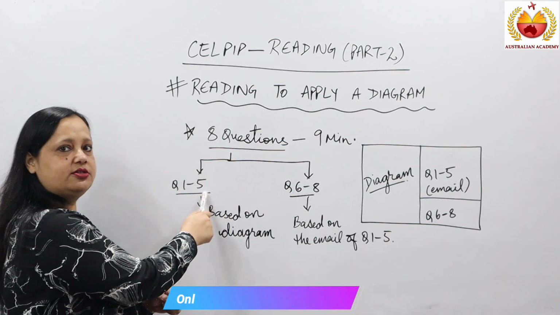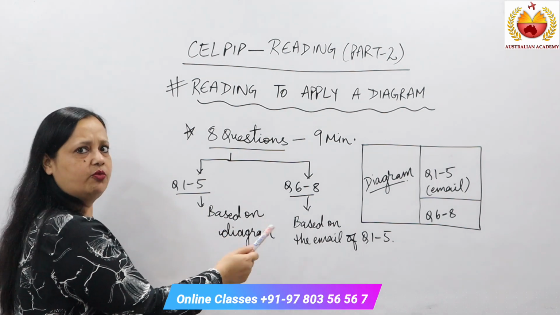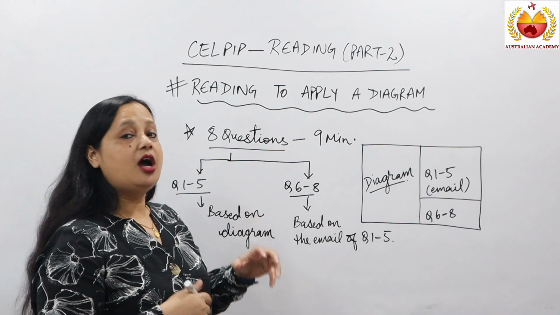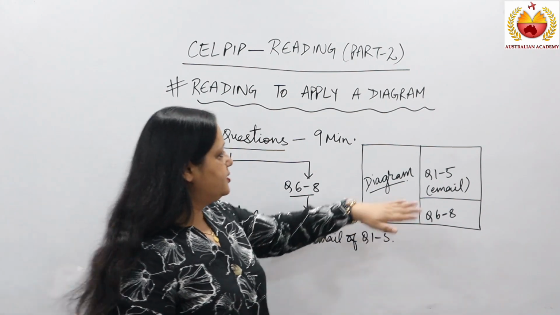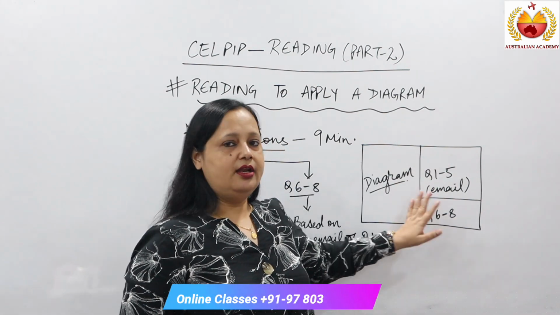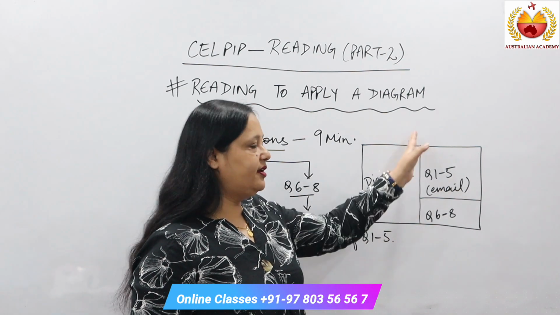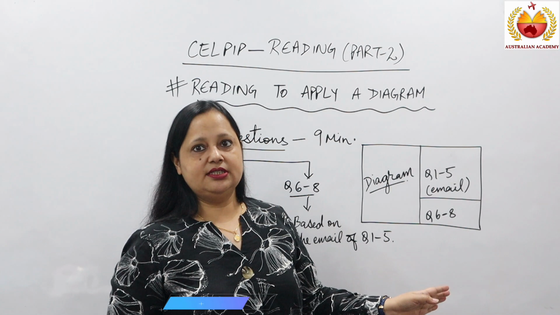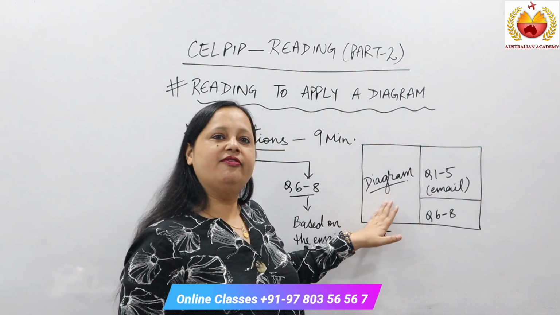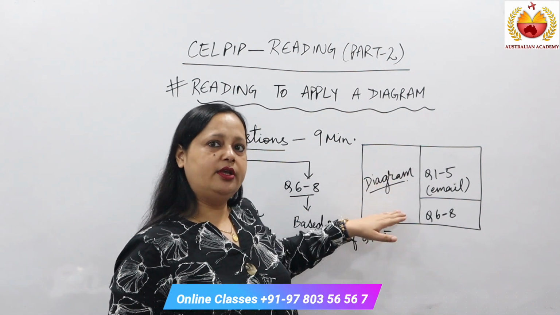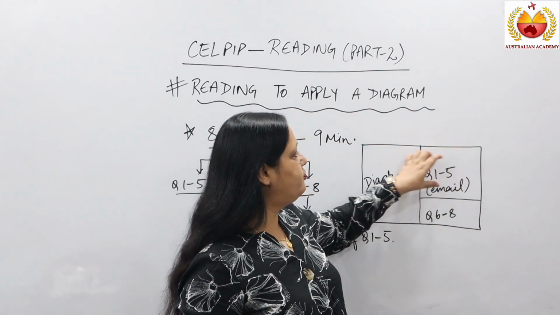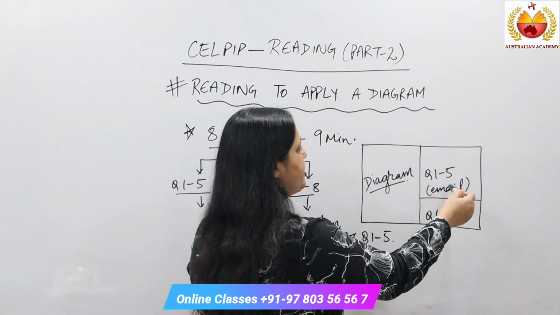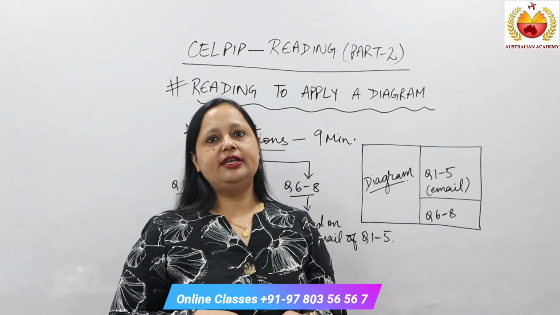Questions 1 to 5 are based on the diagram, whatever diagram you get. How does it appear on the screen? Let's say this is your screen. Your screen is divided into 2 parts with a vertical division. On the left-hand side you will have a diagram, and you can scroll up and down. On the right-hand side, first you will have questions 1 to 5, and these are in the format of an email.